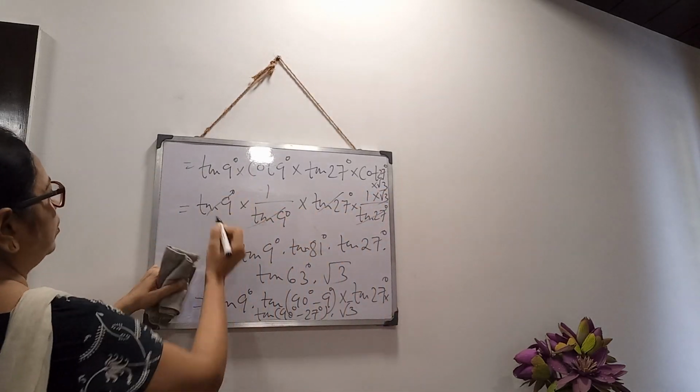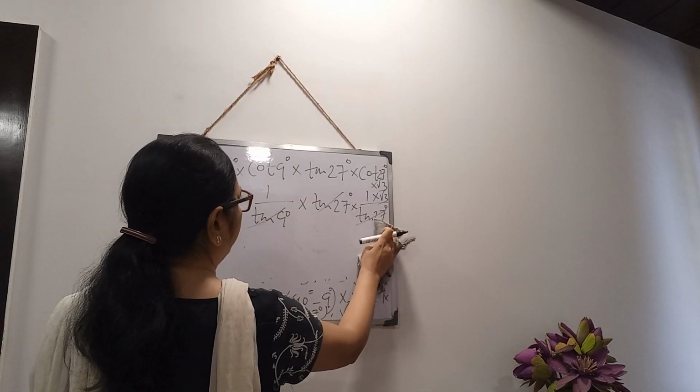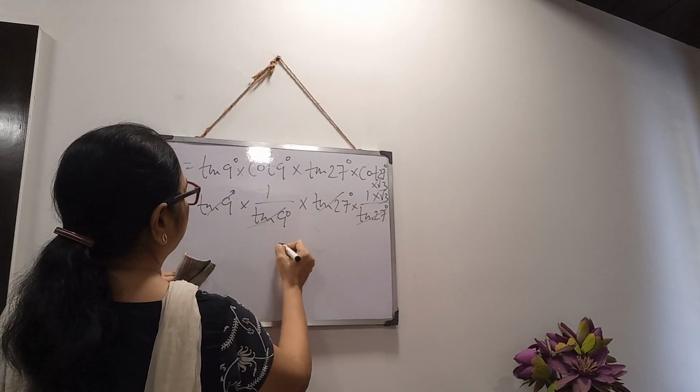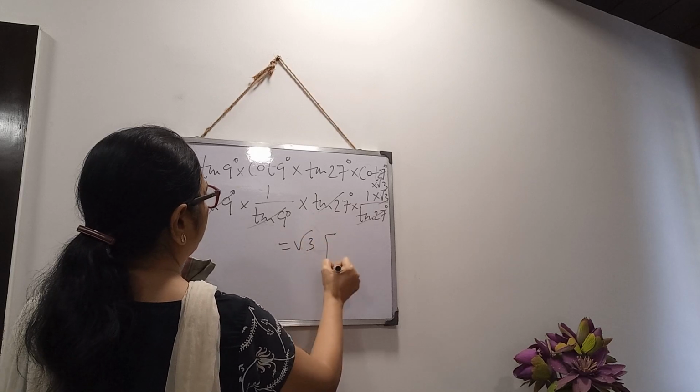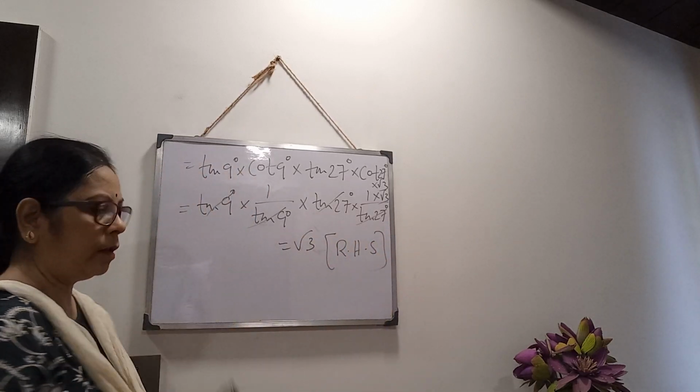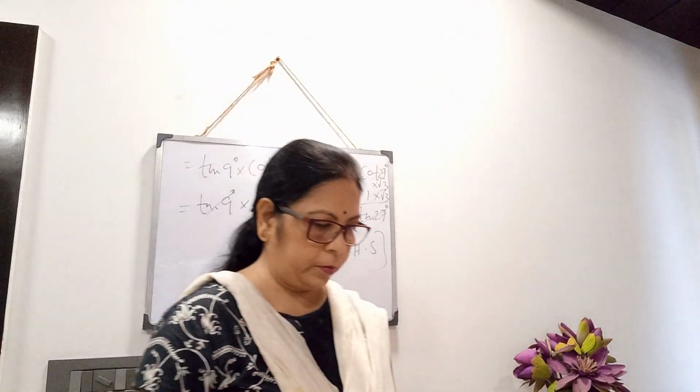This is cancelled out. So finally what are we getting? Only root over 3. So proved, right hand side. Clear? These are important sums. You will practice.